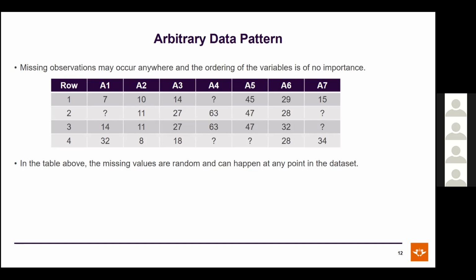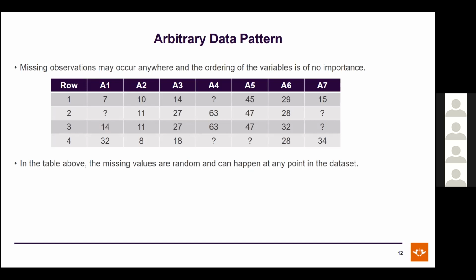So if we look at the table, which is depicted, there's no sequence to the missing data. Missing data happens randomly. In row 1, the missing data is in A4. In row 2, the missing data is in A1 and A7. Row 3, it's in A7.